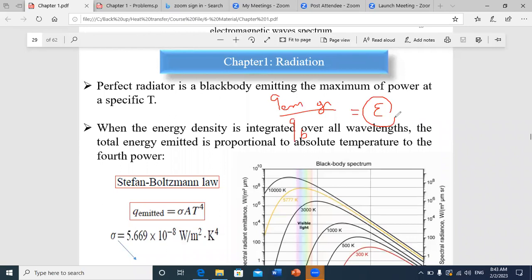Now, a black body emission is calculated through the following formula. Just for your knowledge, as we mentioned, electromagnetic waves cover a large spectrum.